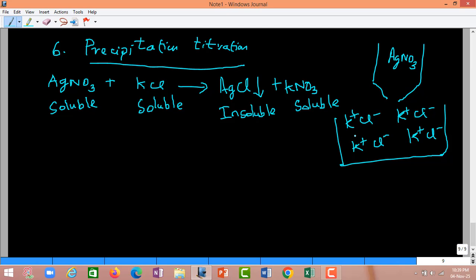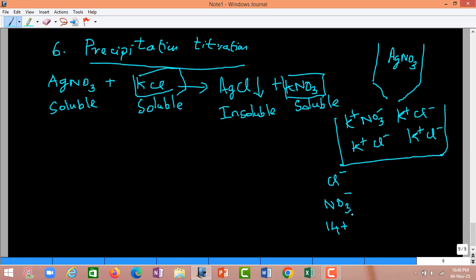What we find is that the potassium chloride in the beaker is converted to potassium nitrate, and during this process the Cl minus is replaced by NO3 minus. Cl has an atomic weight of 35.5, whereas for NO3 minus, if you calculate in terms of atomic masses, this will be 14 plus 3 into 16.